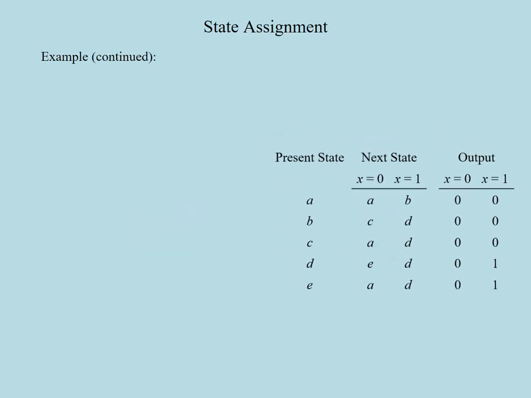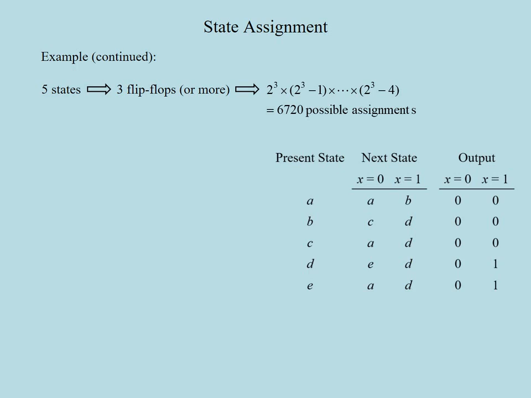Having reduced the state diagram and table to a simpler one, we still do not have any binary values to represent 5 states in our table. Obviously, we need at least 3 flip-flops to implement these 5 states. Assuming that we are totally free to choose any 3-bit value for a state, we have 2 to the 3 options for the first state.